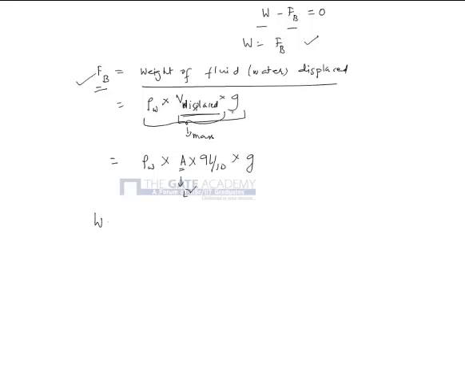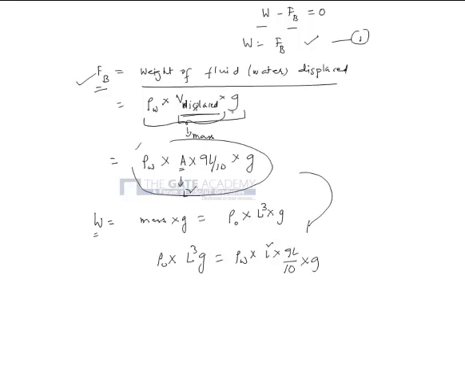Now weight of the solid, just apply the same in the same fashion. The weight of the solid will be the mass of the solid into G. Mass of the solid will be rho naught into the volume of the solid, which is L cube, because it's a cube. So now just using equation 1, ultimately we need to find out rho naught L cube equals rho W into L square into 9L by 10 into G. So I'm using this entire thing over here using equation 1.